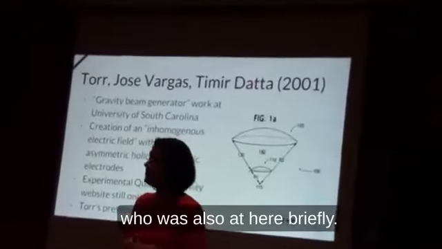They talked about it being an inhomogeneous electric field. They have two electrodes, one could be a sphere or a hollow cone, and they talked about different shapes, but the idea is that they're asymmetric, so one is different than the other. They've got a website called Experimental Quantum Gravity, which is still online, although it's unclear what they're still working on.